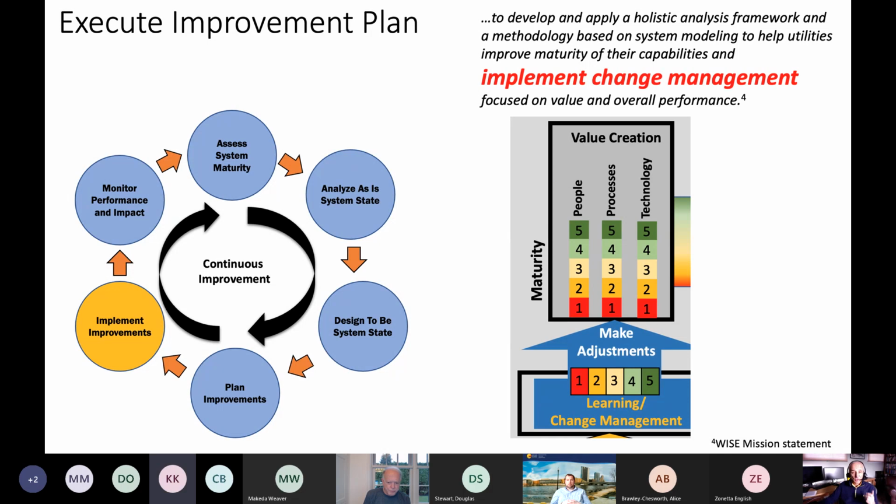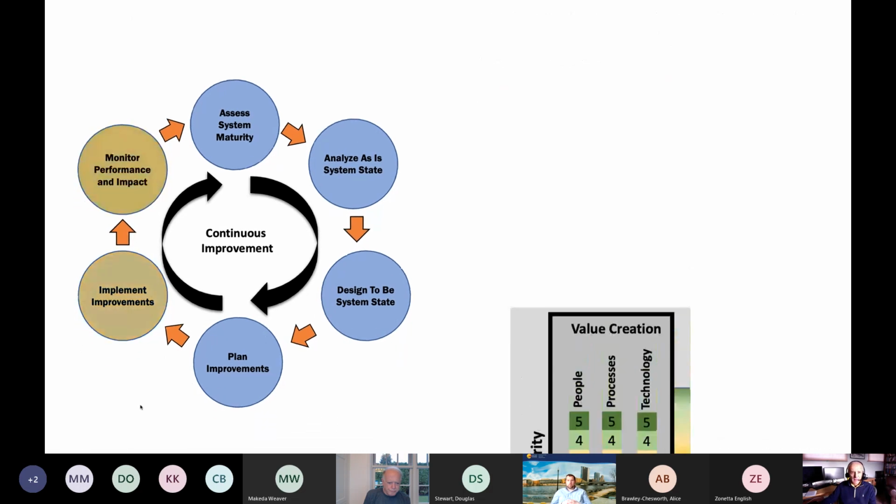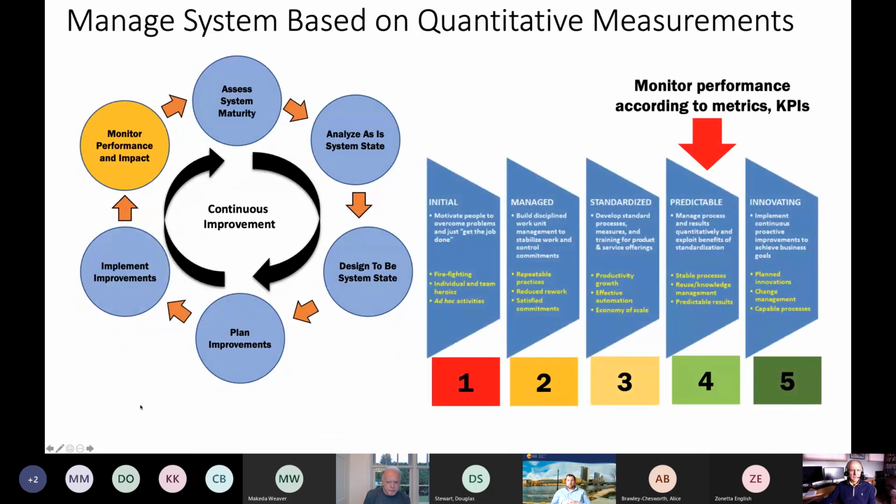So the change management actually requires an understanding of both the people and the processes and the technologies to be done efficiently.